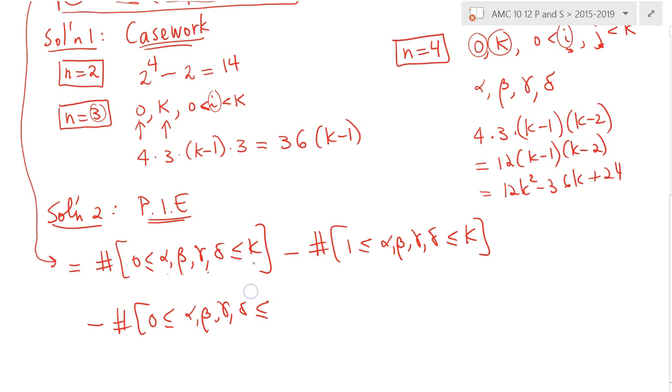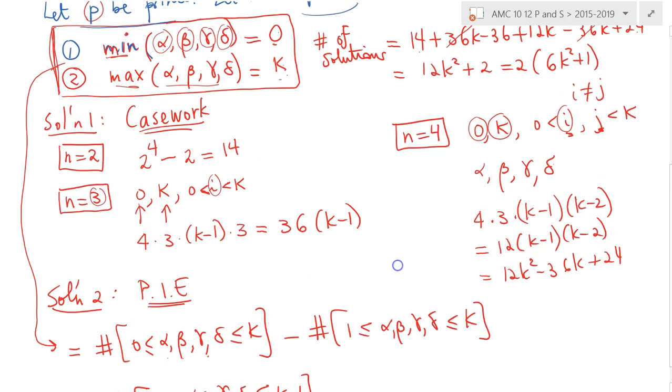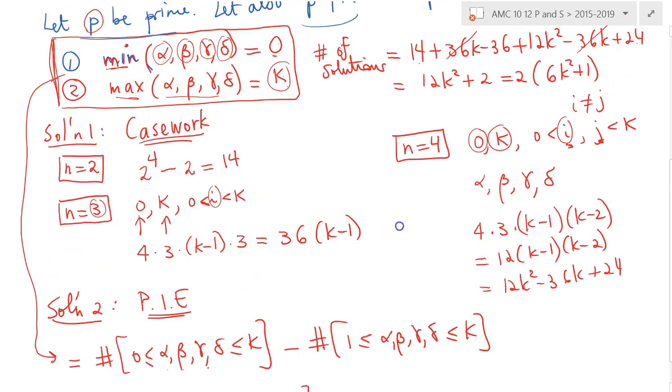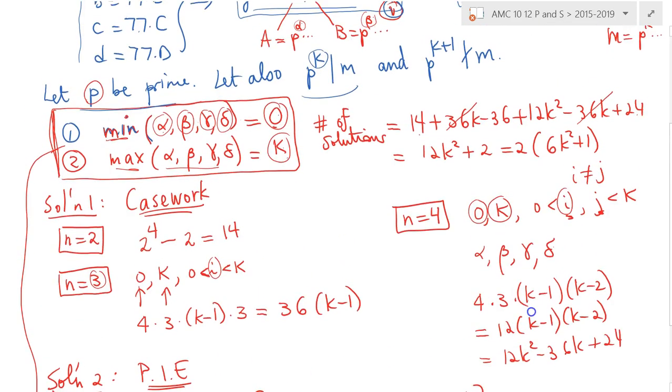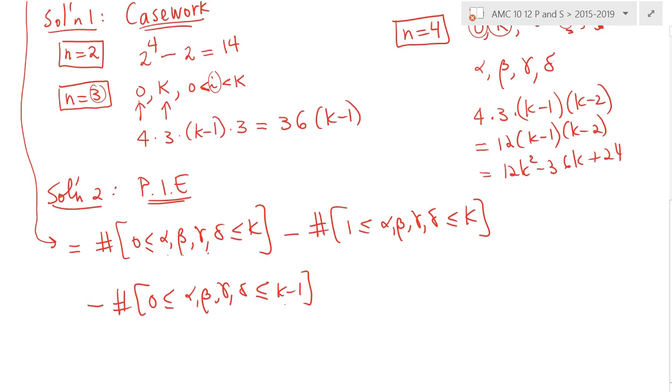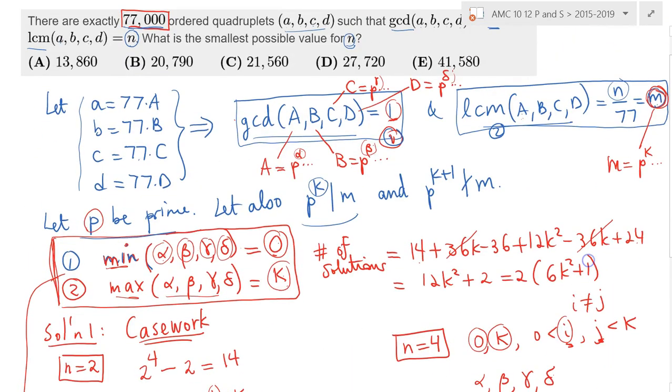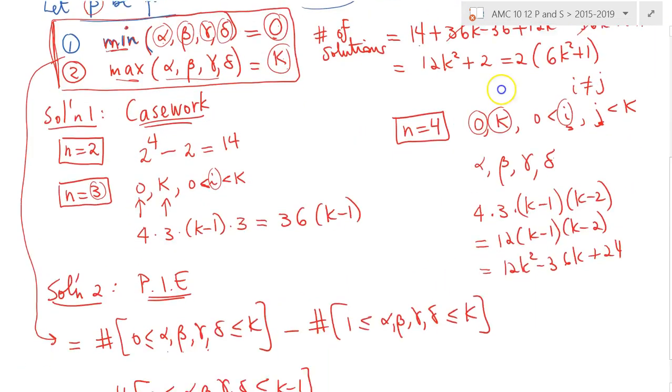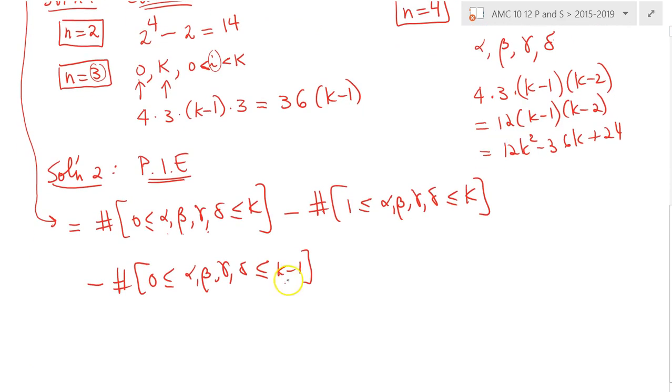However, they exclude k, so k minus 1. We don't want any solution which excludes k, right? Because we know the max has to be k. Similarly, the min has to be 0. Otherwise, we discussed earlier that the greatest common divisor won't be 1. And obviously, if the max is not k, then the least common multiple won't be m either, right? So therefore, this is not good.